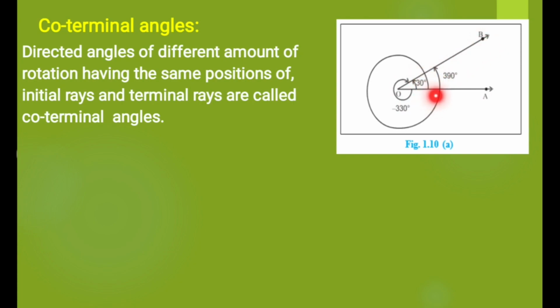When we complete one rotation and again measure 30 degrees, we get 360 plus 30, that is 390. And when we measure clockwise, the angle made by OA with OB, or we can say the inclination, is minus 330. This rotation is minus 330 degrees. So these are the coterminal angles.